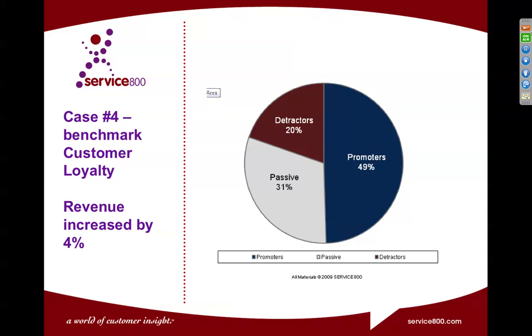Because of that effort, for those individuals and accounts that were measured and monitored, they were able to increase revenue by 4%. That's a huge increase, but it is all predicated on having a measurement and an appropriate benchmark to understand where and how resources should be laid.